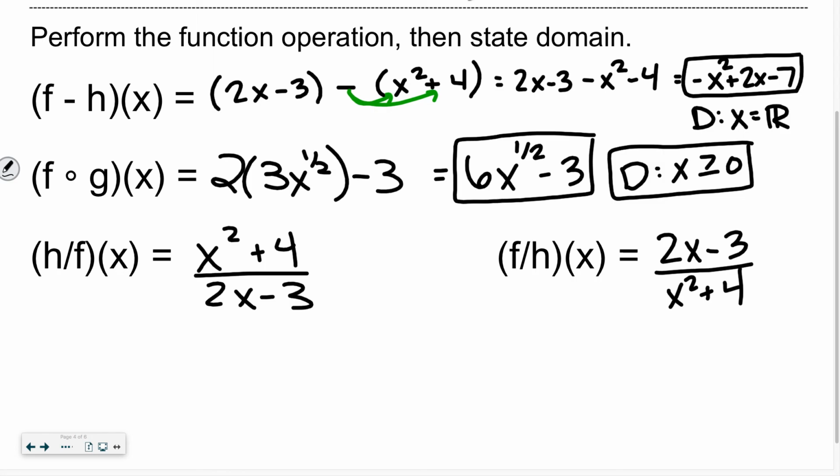So are there any numbers that you can't use in division? Can't divide. We're going to avoid the imaginaries, but I don't think we'll have any imaginary answers with the x squared plus 4 and the 2x minus 3.